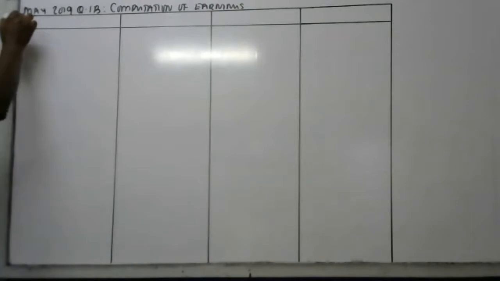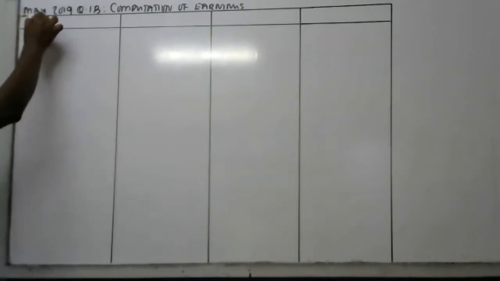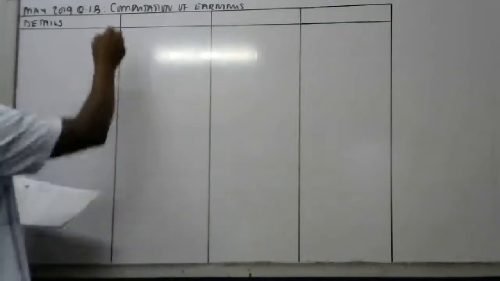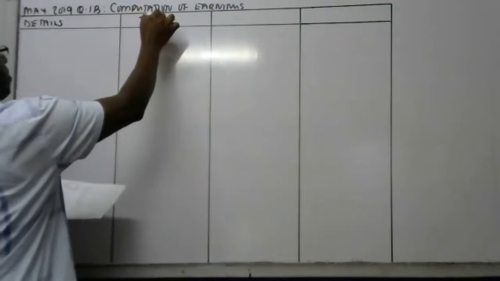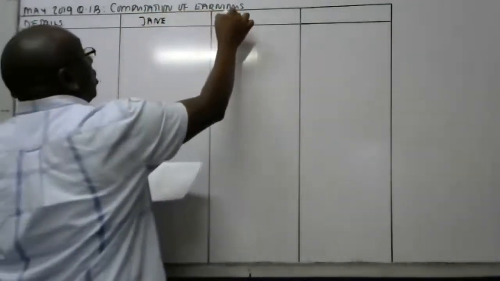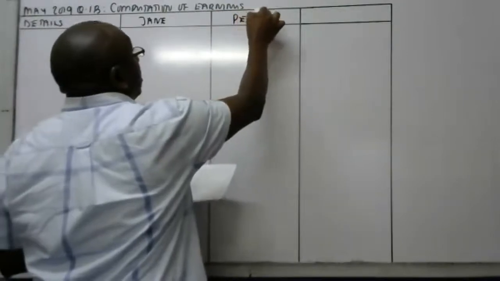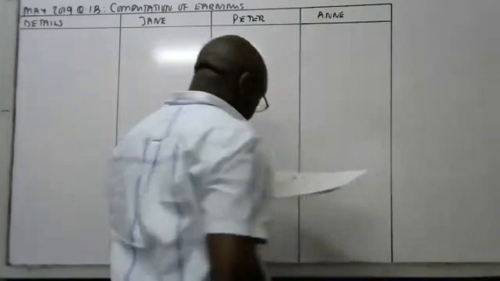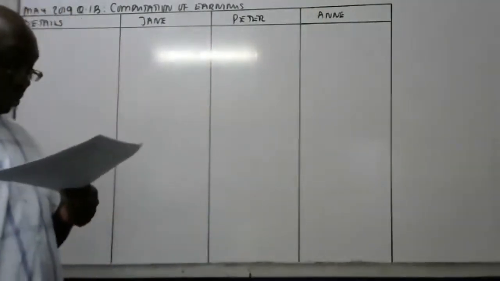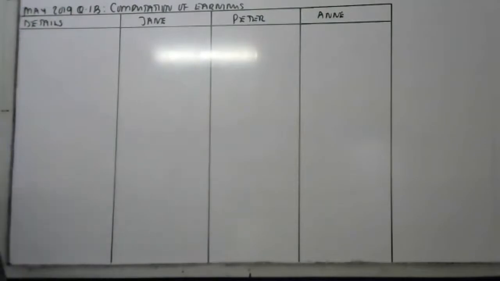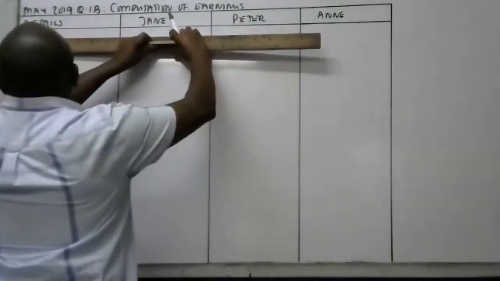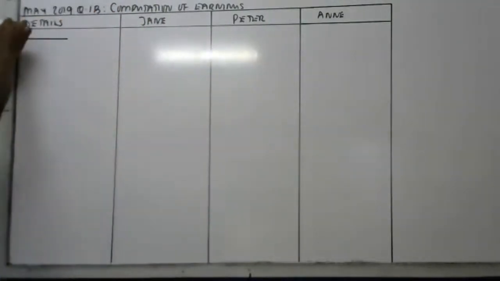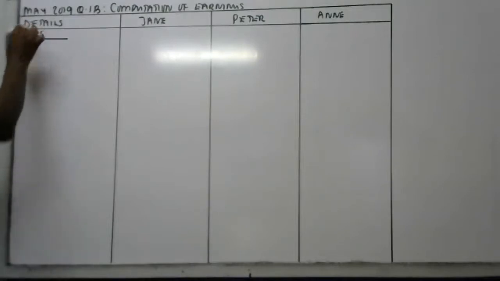So we have details here. The first person is called Jane. The next one is called Peter. This other one is called Anne. So the first thing is to get the hours or time.